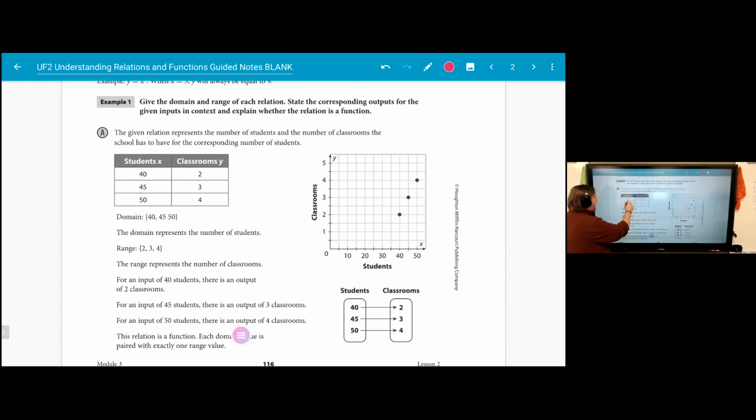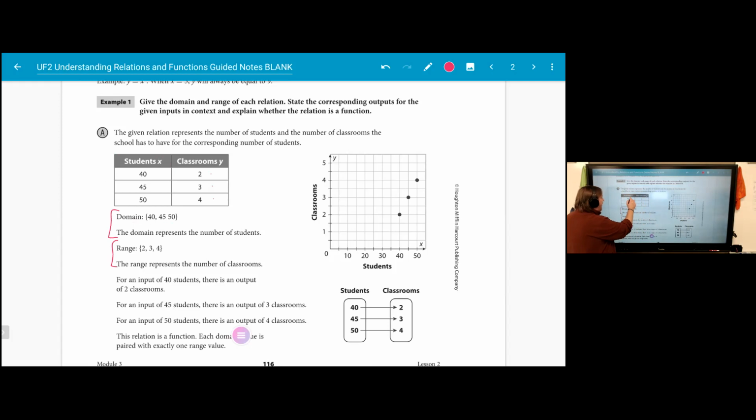Our domain are my X values right here. And the domain represents the number of students, right? This guy right there. The range are my Y values, 2, 3, and 4. And that represents the number of classrooms. Now let's talk about the inputs.